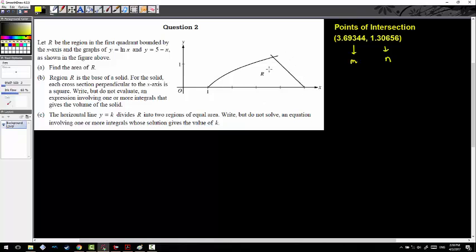So you can attack this a couple of different ways. You can switch everything to dy, solve this, make this e to the y, and make this whatever this thing becomes, y minus 5, and then you can do right side minus left side. That's cool. That's a lot of work.